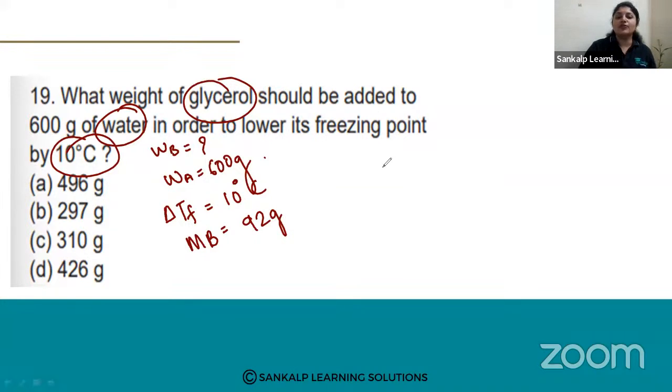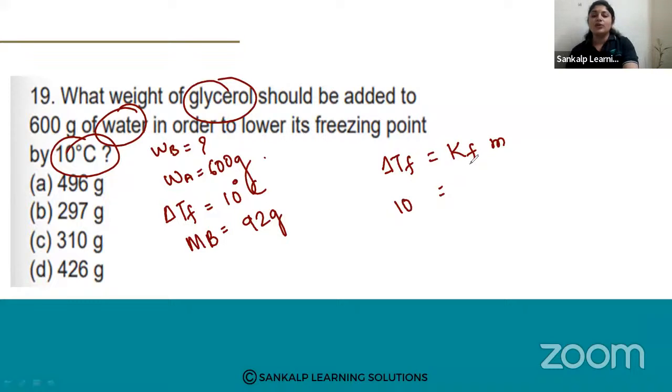Now we know how to find the freezing point. It is delta TF equals Kf into M. Delta TF is given as 10 degrees. Kf we know is given as 1.86. This value is constant. How do you calculate the molality?